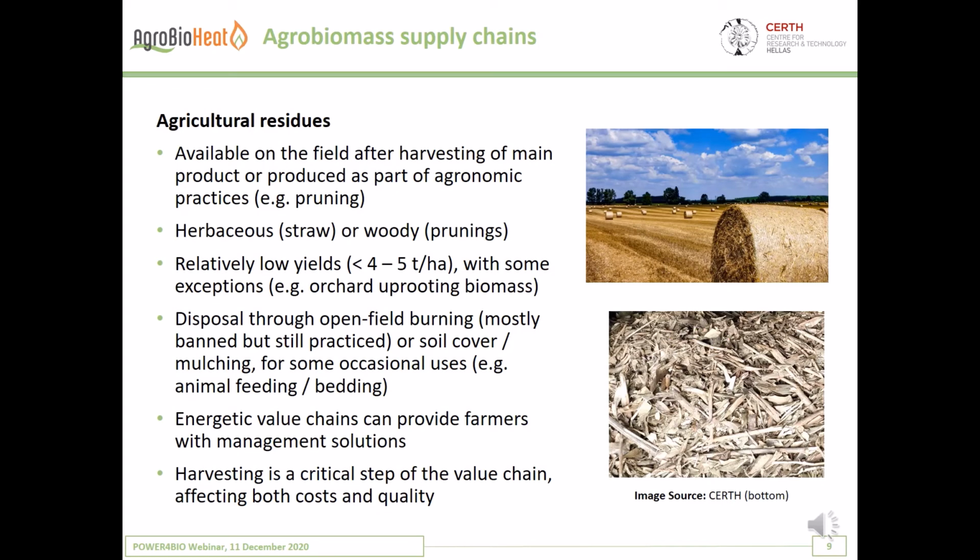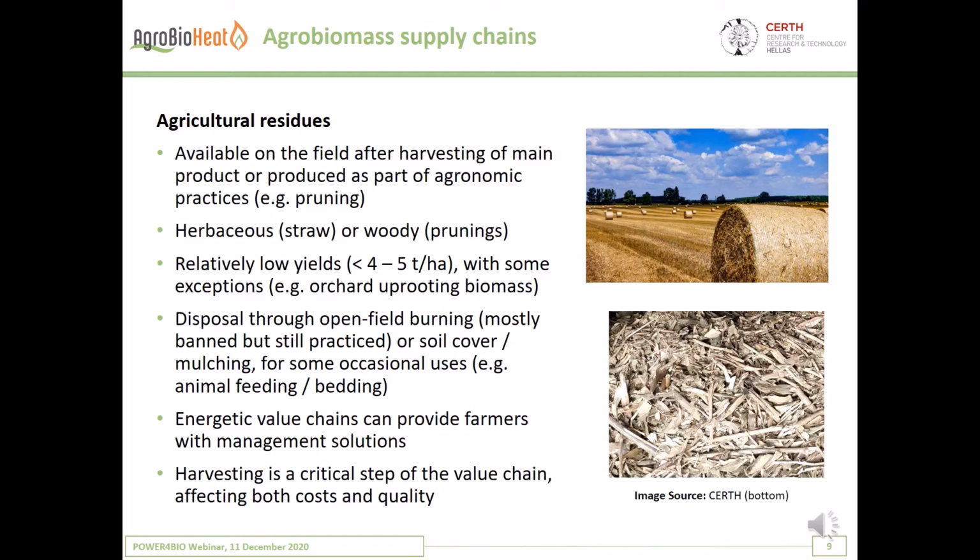So first, we have the category of agricultural residues, and these are things that are available on the field after the harvesting of a main agricultural product, as is straw, or that are produced as part of agronomic practices, as is the case of prunings.